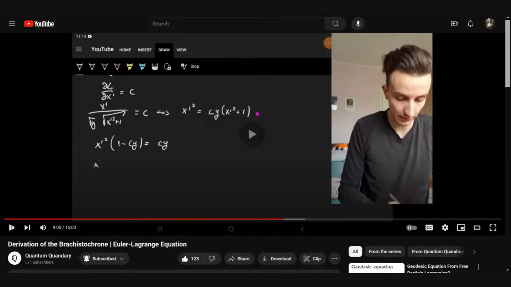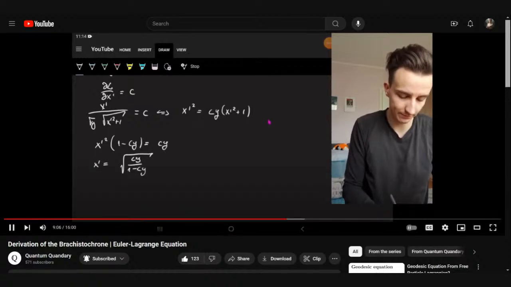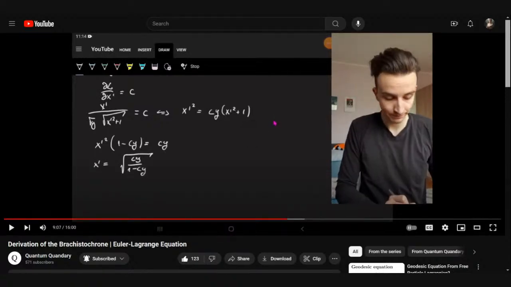So x prime is the square root of cy over 1 minus cy. But how did he do all that? What am I missing? Why is there a 1 minus cy on the left here?